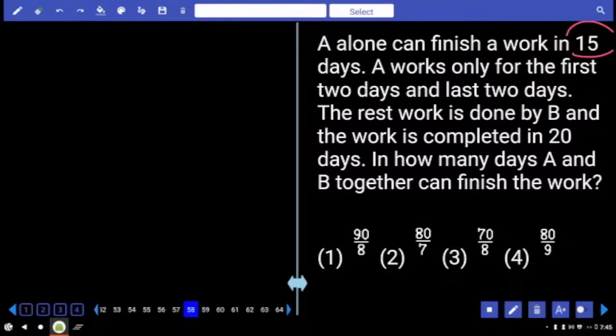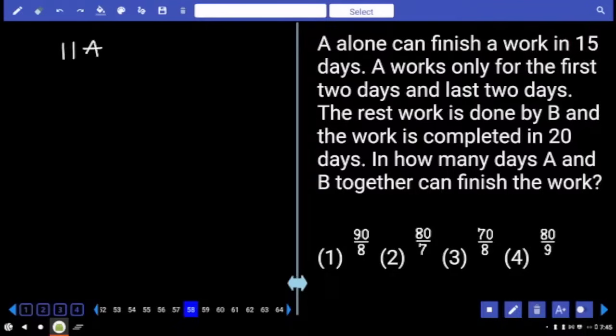A alone can complete the total work in 15 days, but now he worked for only 4 days. How many more days does he need to work? If he wants to complete the work alone, he has to work 11 more days, correct? Which is actually done by B now.